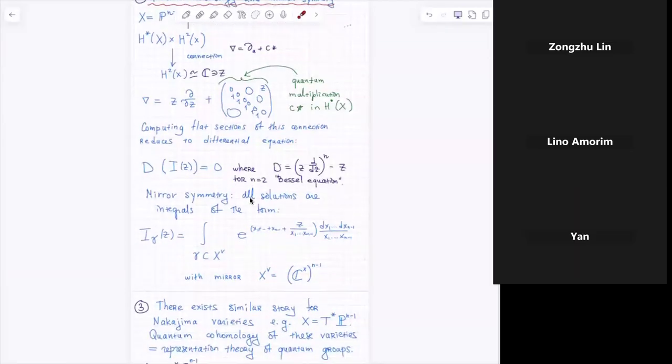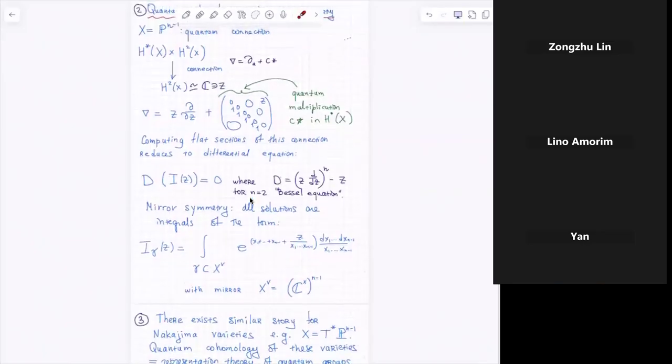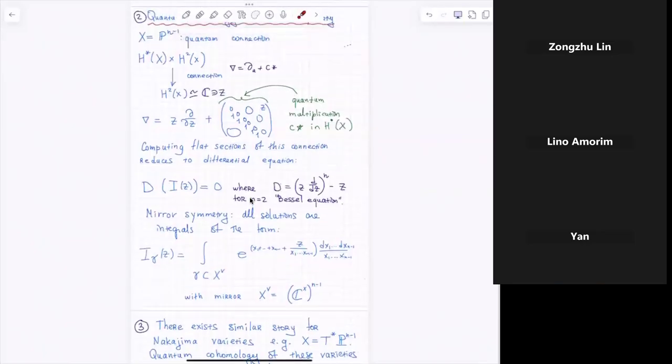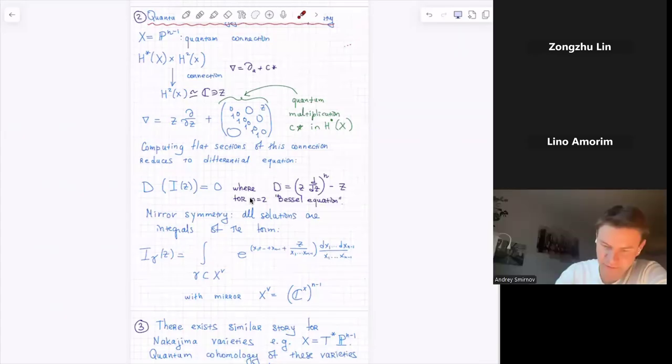Maybe for the students, I will say what the relation of this quantum differential equation is with Gromov-Witten invariants on the projective space. So this thing is a power series which can be written as a sum of coefficients C_n z to the power n, n from 0 to infinity.